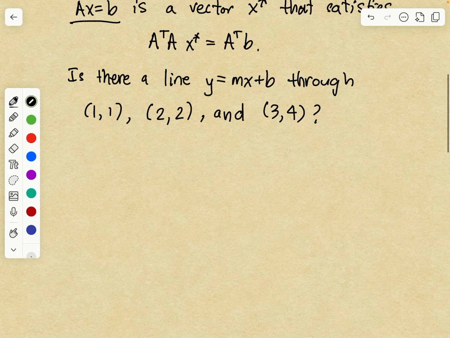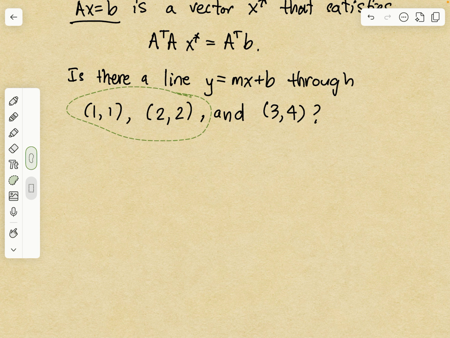Well, if you think about it, I think you'll see that the answer is no. Because if you look at these two points, the slope of a line through them is 1, whereas if you look at these two points, the slope is 2. So there's no line that goes through all three points.